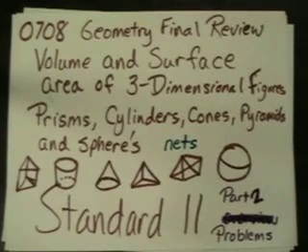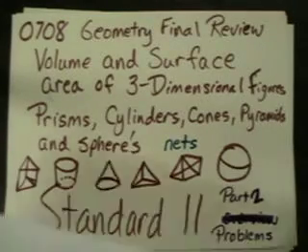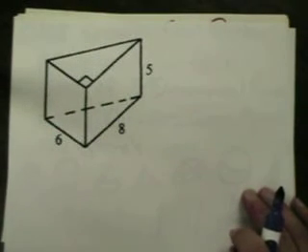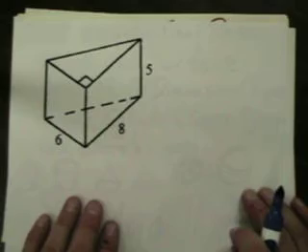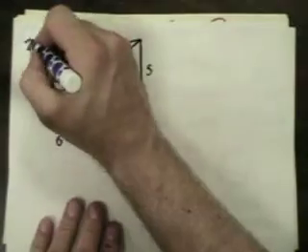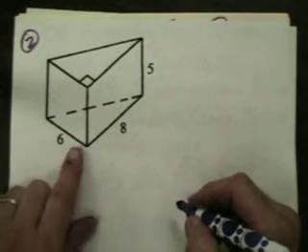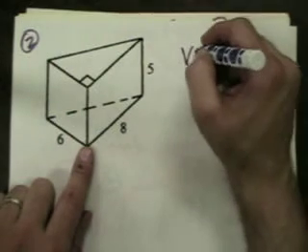Okay, next one. Similar kind of problem. I'm going to work forward instead of backwards this time. There is a triangular prism, and they want us to find the surface area and the volume. This is problem number 2, by the way. Volume is going to be easy. Let's start with volume because it's easy.